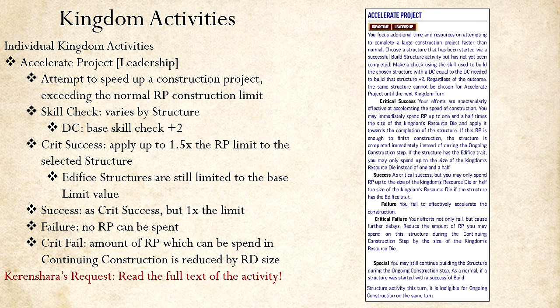Regardless of the outcome, the same structure cannot be chosen for Accelerate Project until the next kingdom turn. Critical success: Your efforts are spectacularly effective at accelerating the speed of construction. You may immediately spend RP up to 1.5 times the size of the kingdom's resource die and apply it toward the completion of the structure.